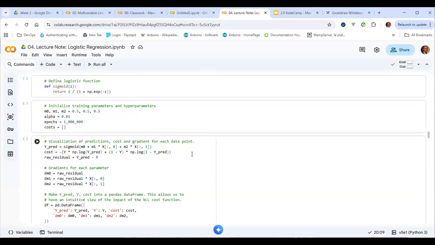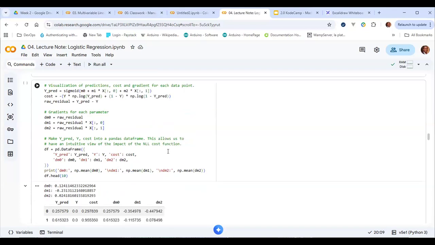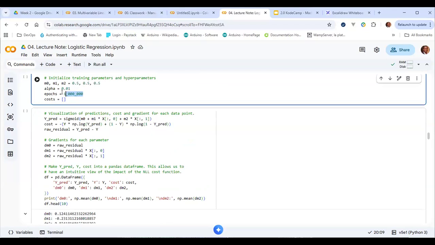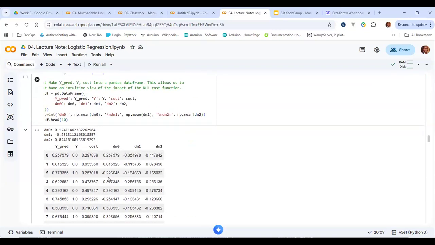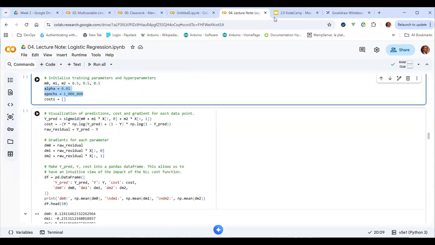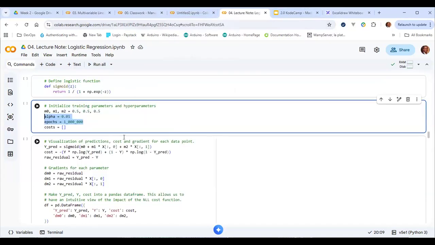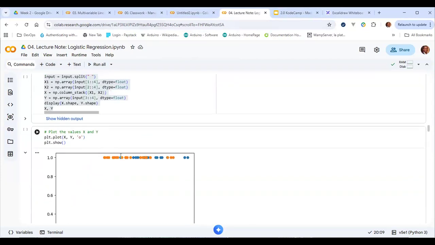Well, okay, so we needed a lot of epochs. We needed a million epochs to actually get, with alpha being the learning rate, we needed a lot of epochs to eventually converge. So maybe that is it, but here we had three values though, the DMs. But here it's diverging. So there might be something else going on there.